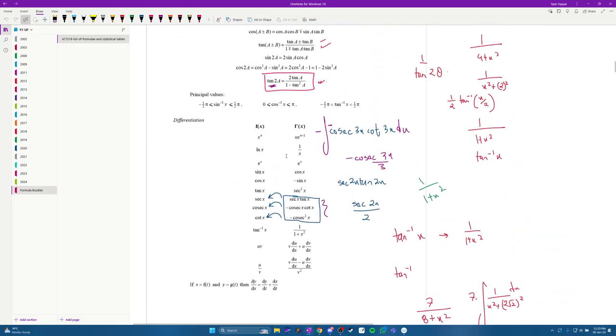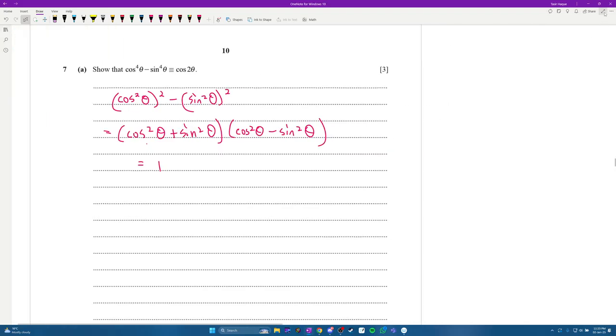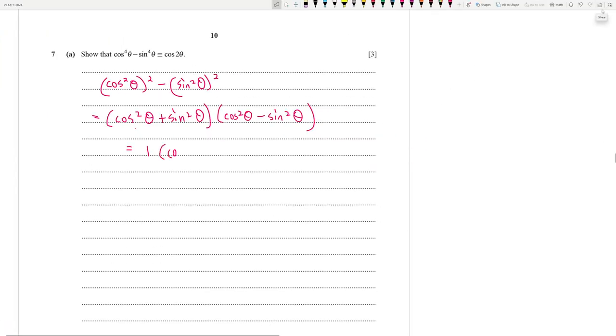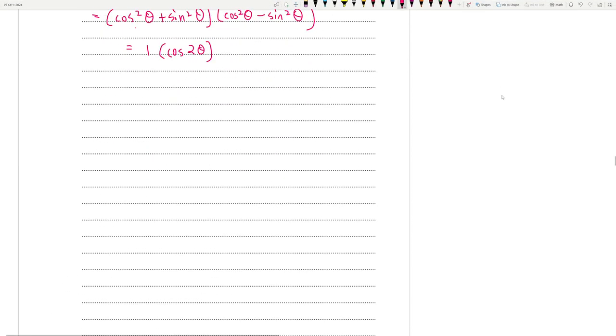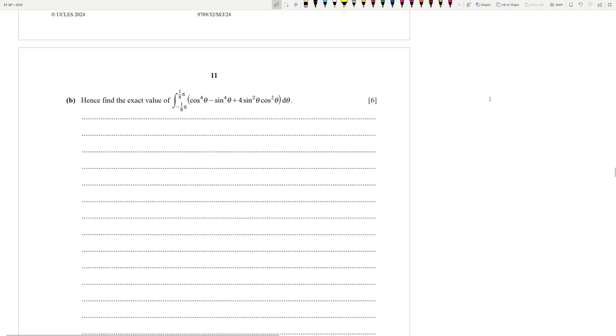So cos 2 theta is cos square theta minus sine square theta, 2 cos square theta minus 1, or 1 minus 2 sine square theta. So this can be written as cos 2 theta. That's literally it. Shown. Hence find the exact value of this.